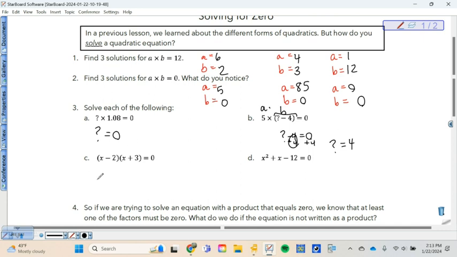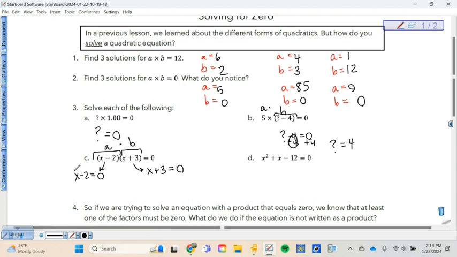Let's use that same logic for part C. If I have A times B equals 0, that means that either A has to be 0 or B has to be 0.